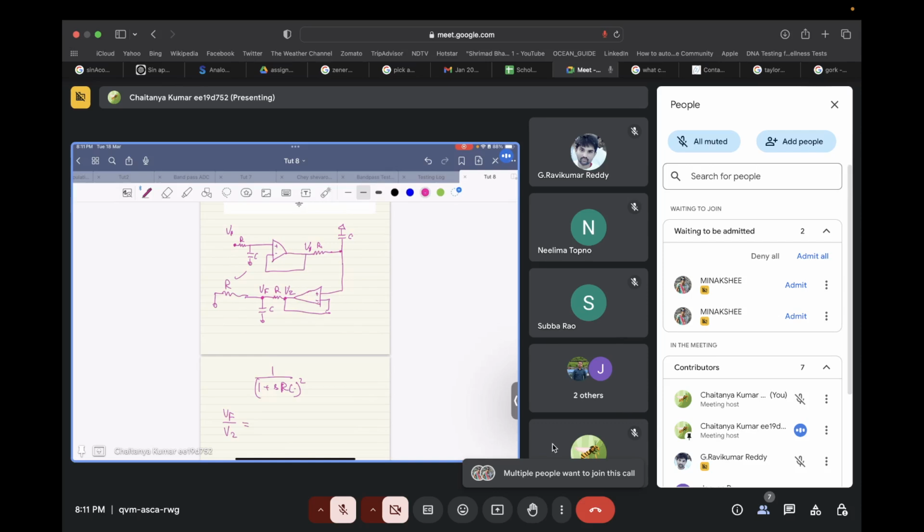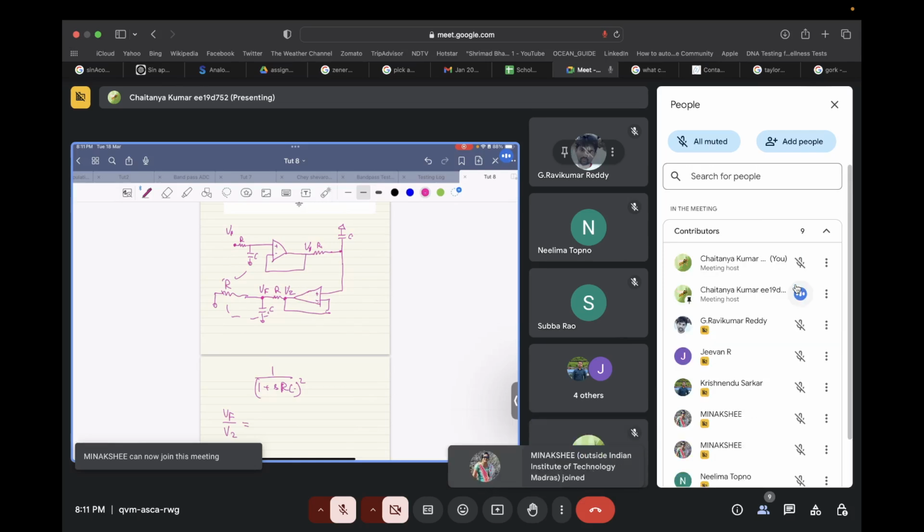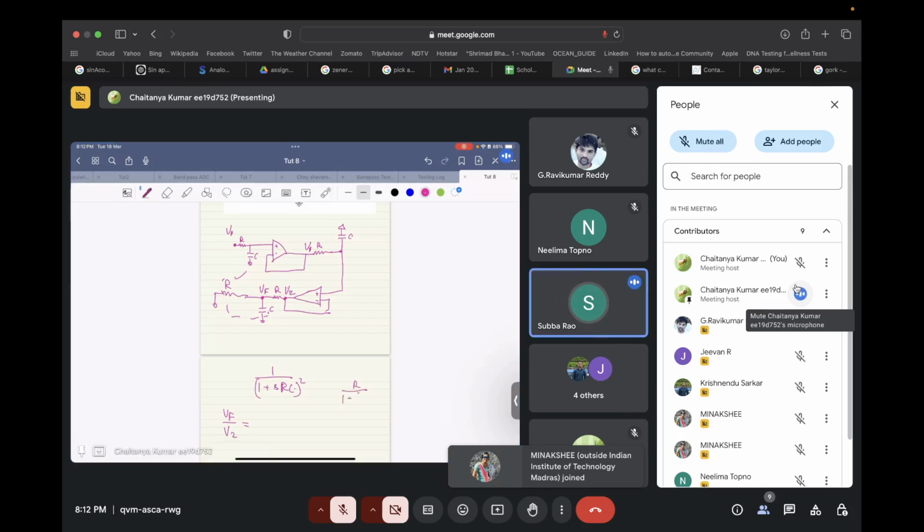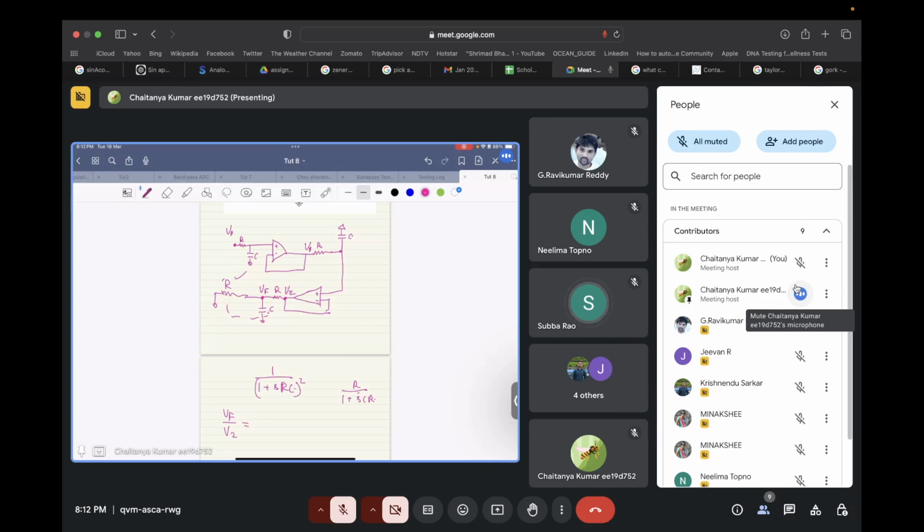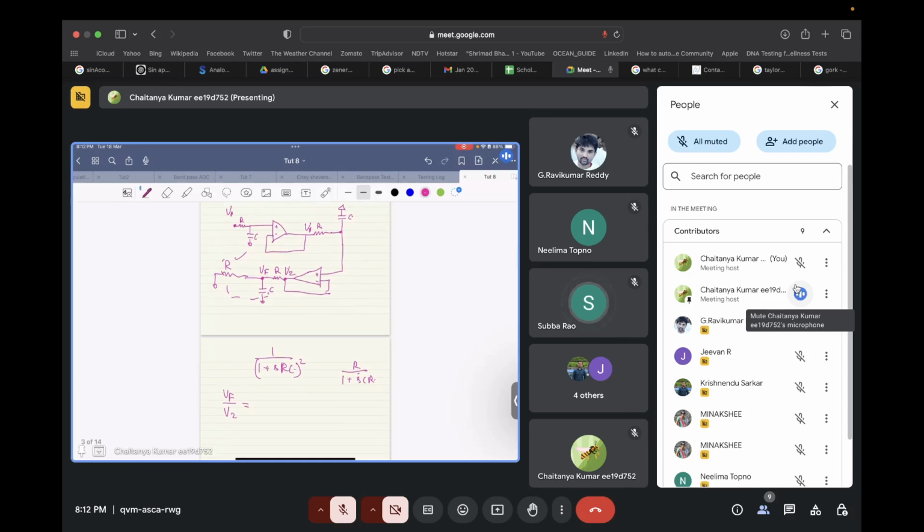so this parallel combination. So what will be the impedance of the parallel combination of RC? We will have 1 by 1 plus SCR, correct? So this will be in impedance division by this resistor.